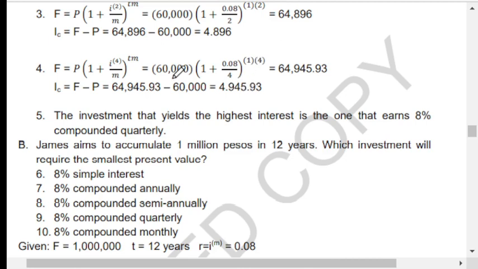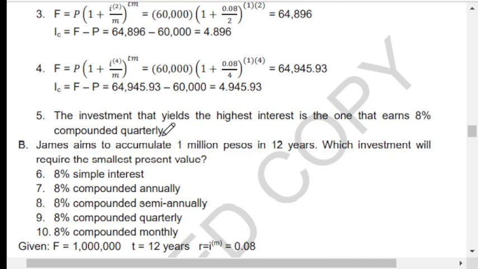Okay, so therefore 60,000 times 1 plus 0.08 divided by 4, close, exponent 4 times 1, equals 64,945.93 minus 60,000. So you get 4,945.93. Okay, so the investment that yields the highest interest is the one that earns 8% compounded quarterly.